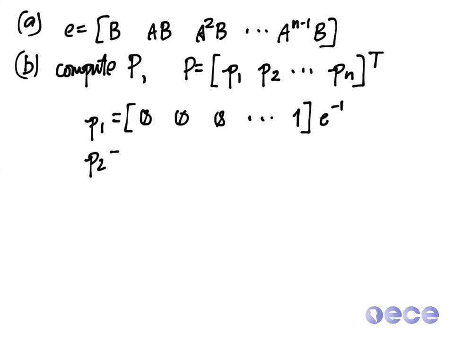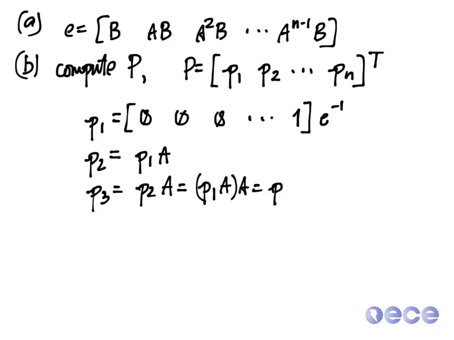P2 is equal to P1 times A. P3 is equal to P2 times A, which is equal to P1 times A squared, until we get to P sub n is equal to P1 times A to the n minus 1.